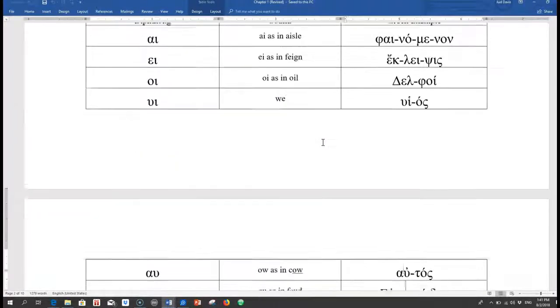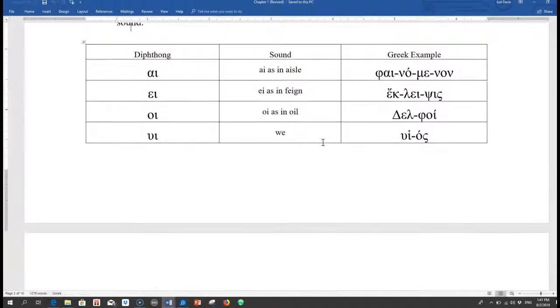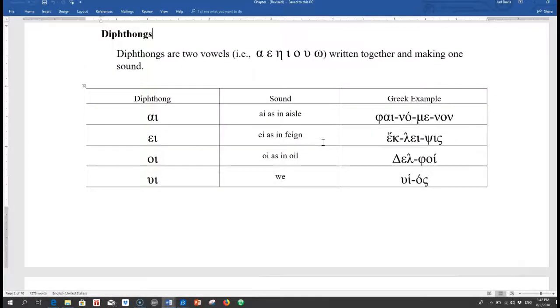Diphthongs are where you take a vowel and you say two vowel sounds together, and it makes a slightly different sound. So this is the I in phenomenon, something appearing, feign. Eclipsos, we get the word eclipse. Oi as in oil, delphoi. And then this one is tricky. It's pronounced we.